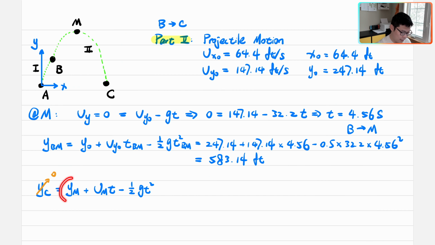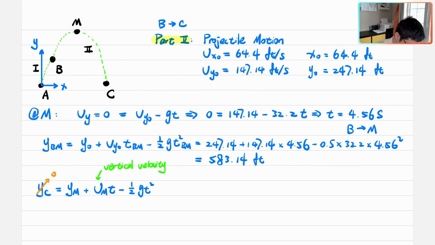I'll just make a note here: vertical velocity at maximum point is 0.